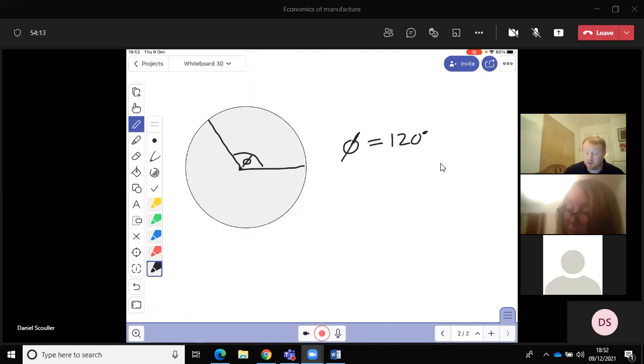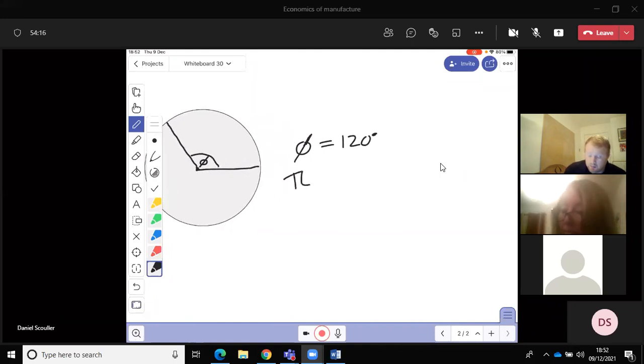Imagine this is in a non-calculator paper. They'll give you pi equals 3.14.